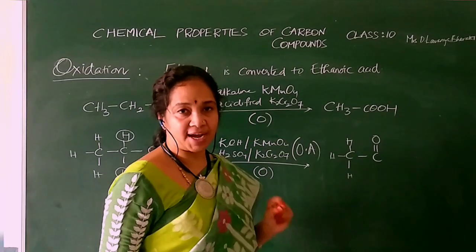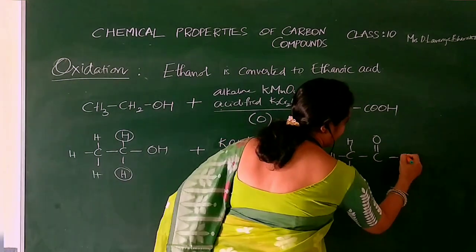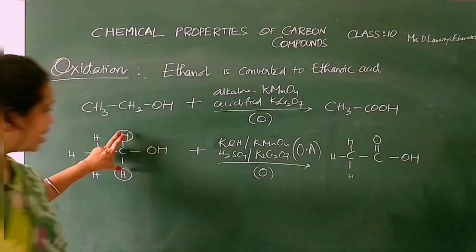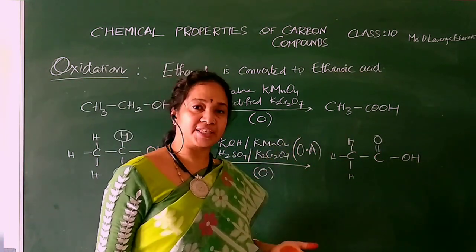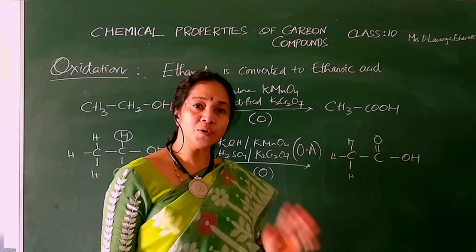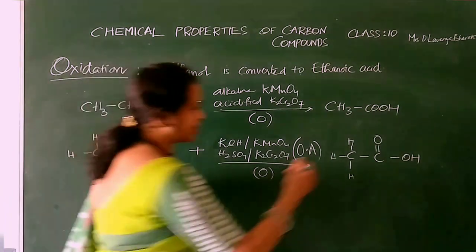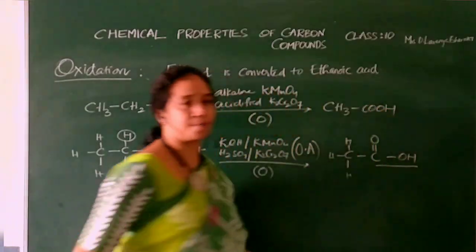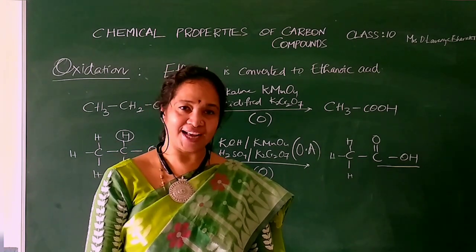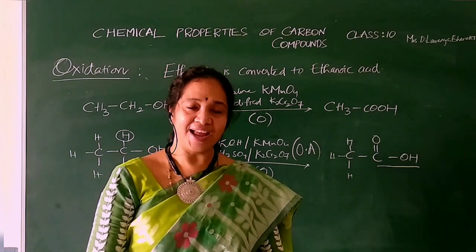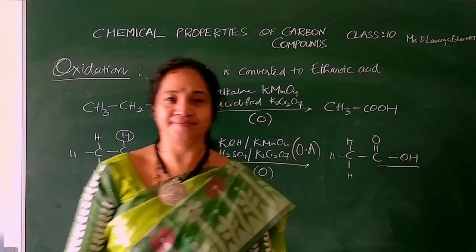Oxygen is divalent, it needs two bonds to come in contact with the carbon, and OH. So these two hydrogens are removed and one oxygen is introduced. We call this partial oxidation, conversion of ethanol to ethanoic acid. In the before case, the functional group was OH and now the functional group is COOH, which is carboxylic acid. So in order to convert ethanol to ethanoic acid, ethanol should be treated with alkaline KMnO4 or acidified potassium dichromate solution.